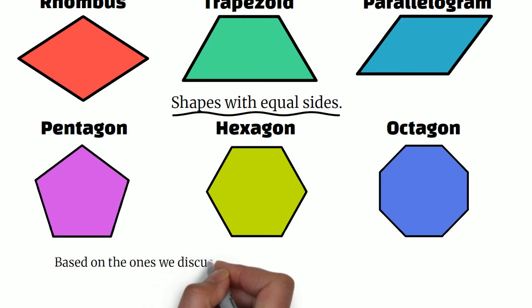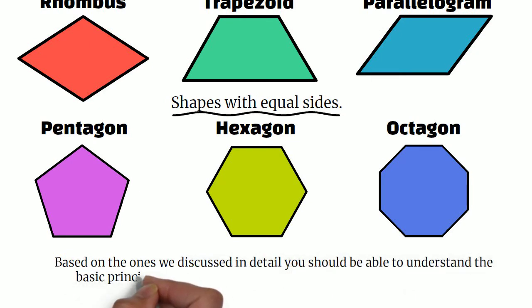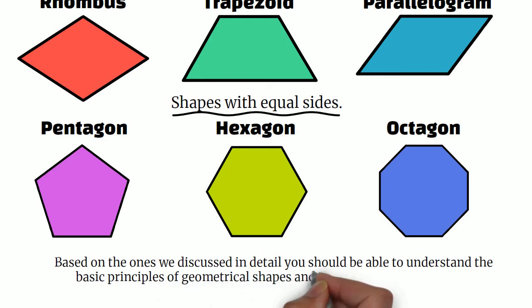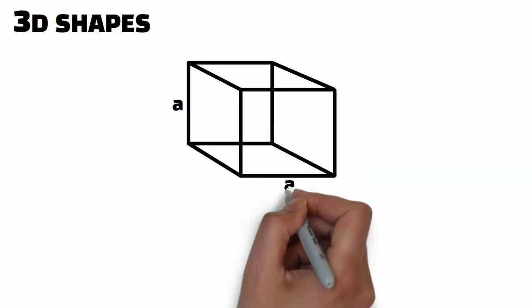Based on the ones we discussed in detail, you should be able to understand the basic principles of geometrical shapes and their auxiliary dimensions. Let's now move on to the three-dimensional shapes.